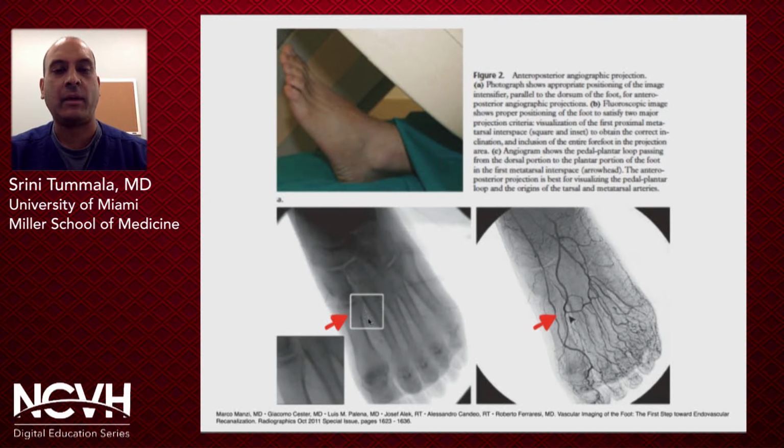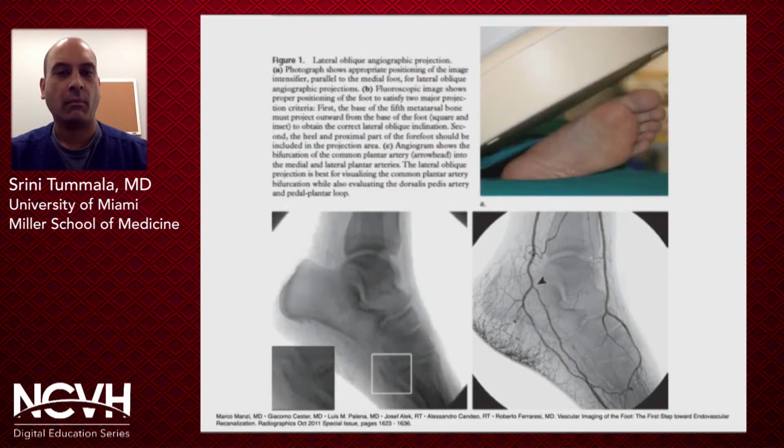That is your landmark in terms of where the first turn from the dorsalis pedis to the deep perforating artery is going to happen. And then at the base of the third metatarsal, maybe the fourth, is when you'll get your next turn into the lateral plantar artery to complete the pedal plantar loop like that.